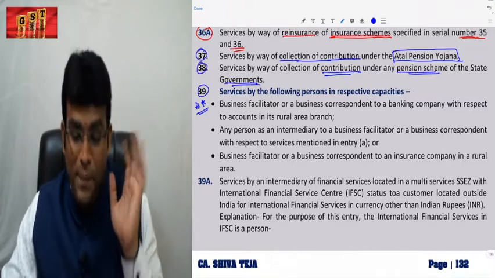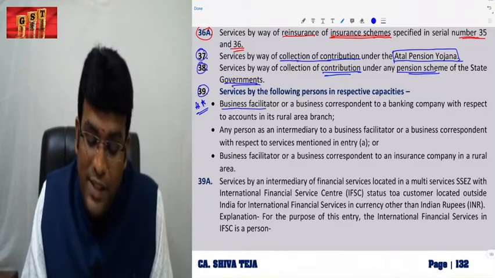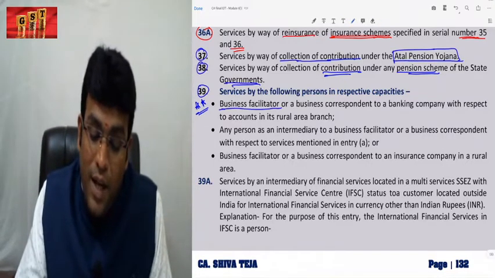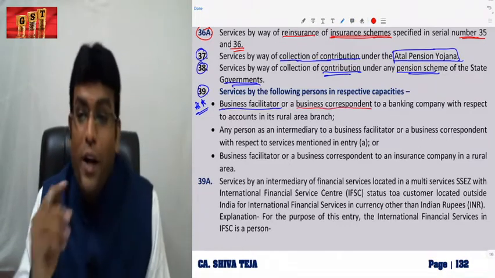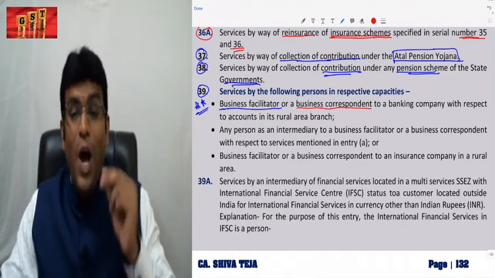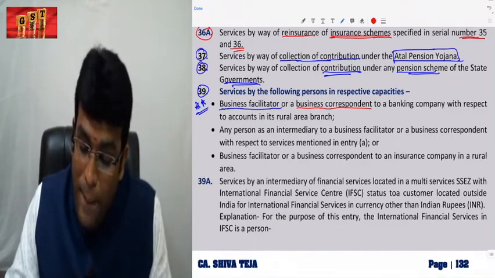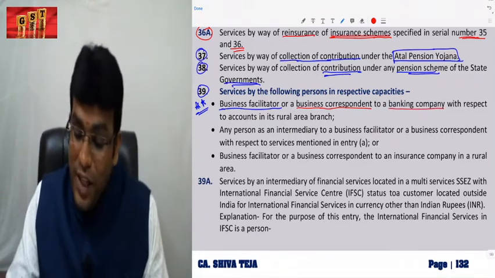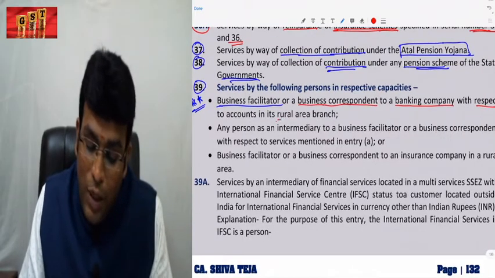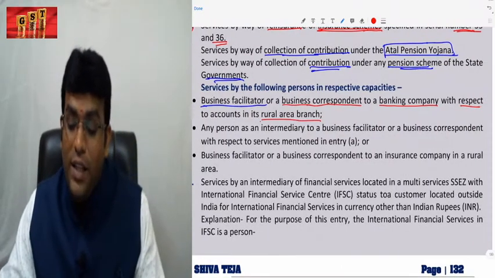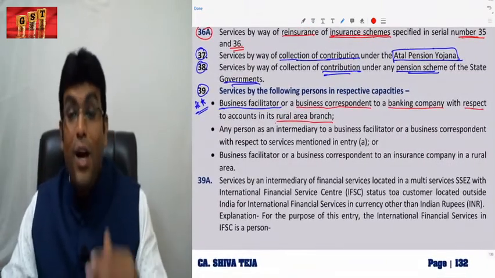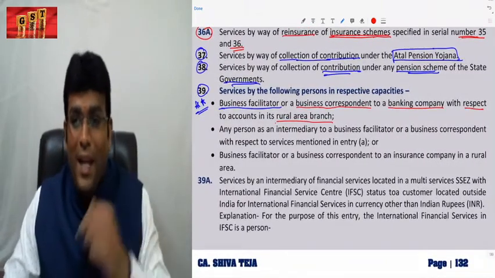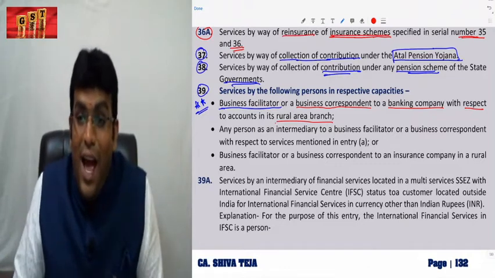Extremely important point. Business facilitator. Come on, friends, what is the name, sir? The name is business facilitator or a business correspondent to a banking company with respect to its accounts in rural area branch. Already we learnt in the concept of reverse charge mechanism that when service is given by a business facilitator to a banking company, that service is covered under RCM.